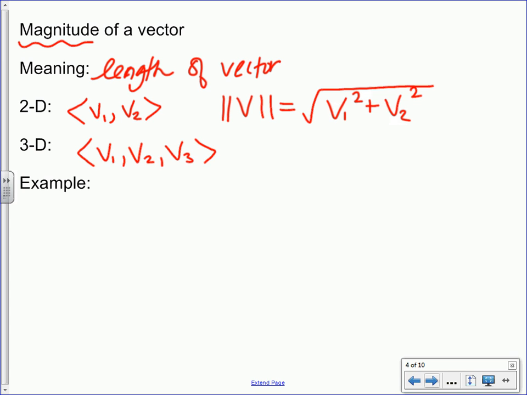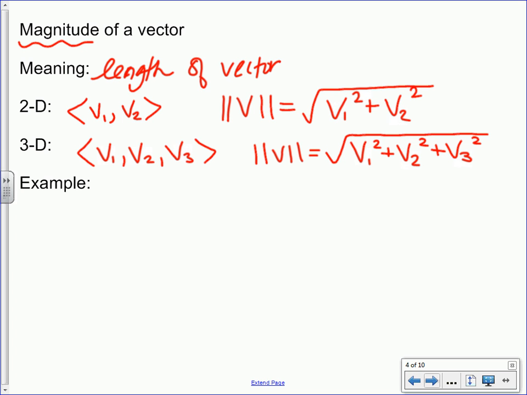So if we are in 3 dimensions, what's it going to be? v1 squared plus v2 squared plus v3 squared. Okay.